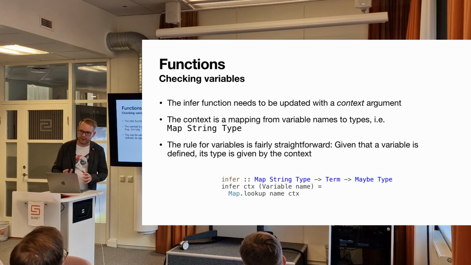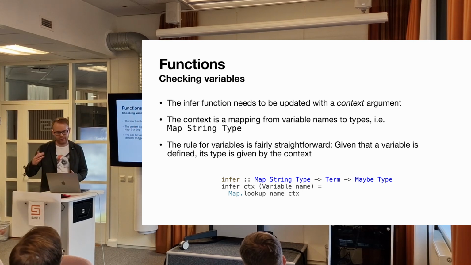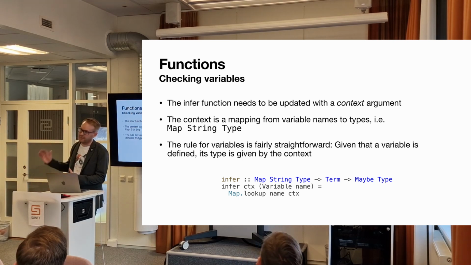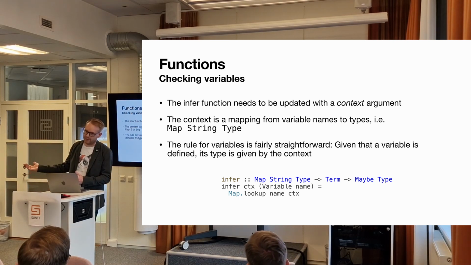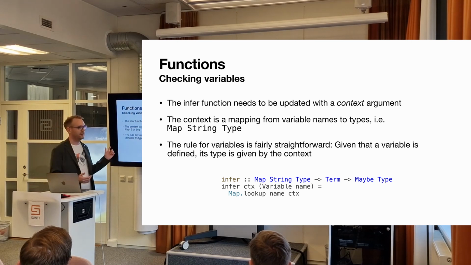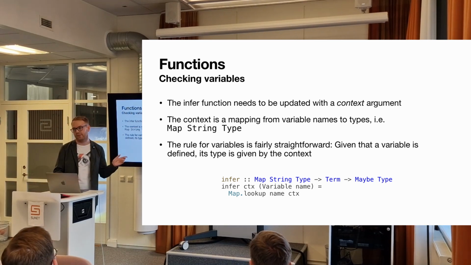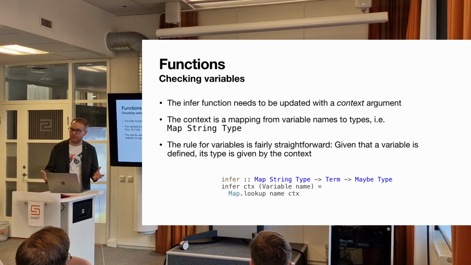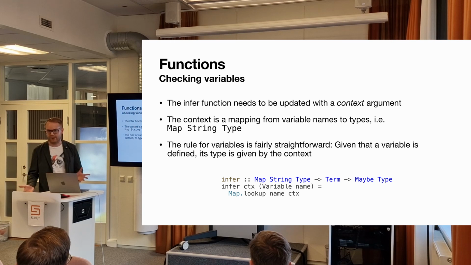Also, that context I mentioned needs to go into the infer function. So basically, you can think of the context as a mapping from names to types. In Haskell, that would typically be a map parameterized on string and type. And this gives us almost for free the rules for type checking variables.